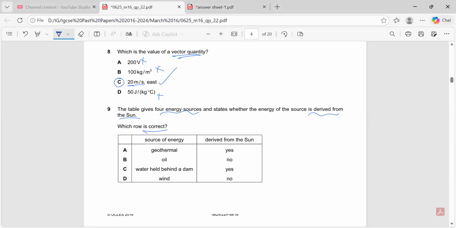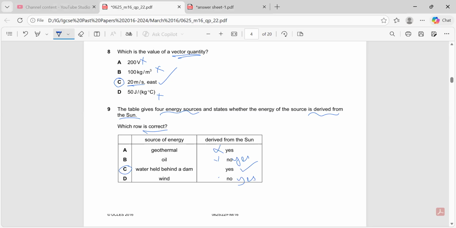Which row is the correct answer? Geothermal, is it derived from the sun? No. Oil, it is yes. Water behind a dam, yes. Wind is also yes. So only correct answer, it means that is what?